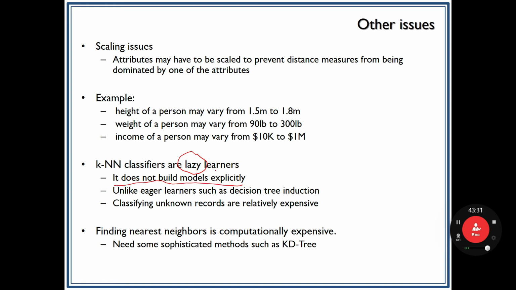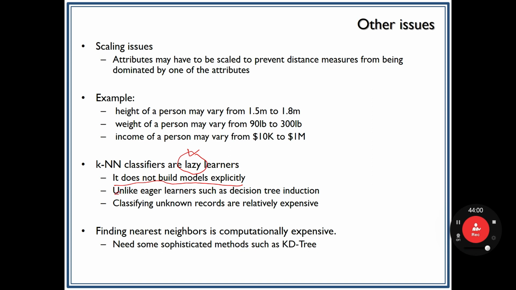Actually, even though we have a training set, it does nothing until a new data point comes in. As soon as a new data point comes in, this algorithm begins to compute the distance between this new object and other objects in the training set. So it does nothing, and that's why we use this lazy term here.